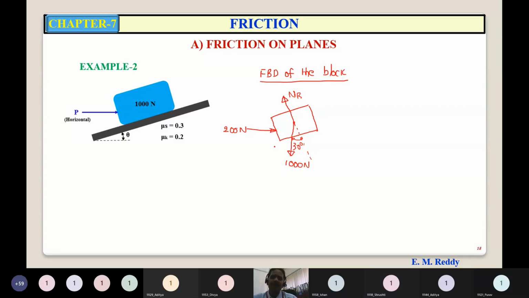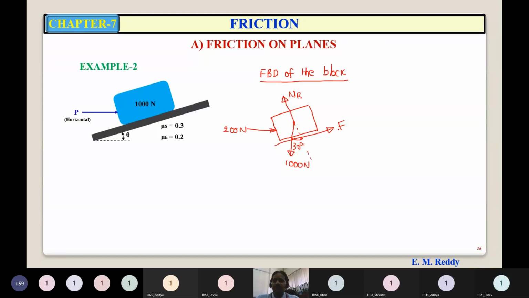Now we have to apply a force upwards to maintain equilibrium, say that is F. Please note, this F is the force required to maintain equilibrium of the body. That force F is to be compared with the maximum friction force.